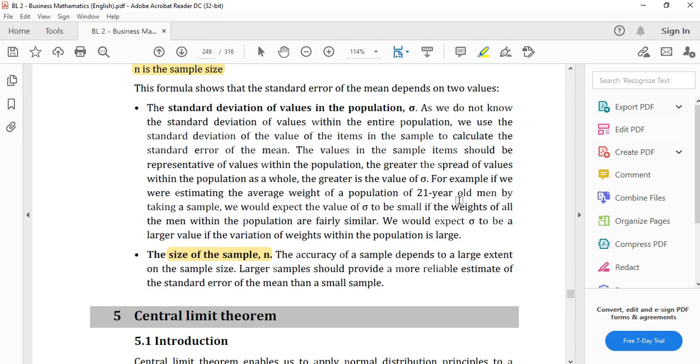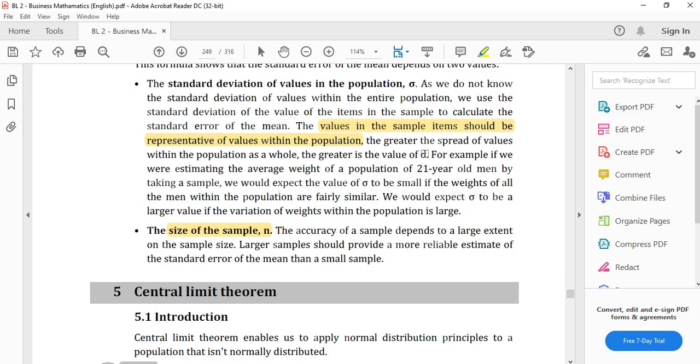As we don't know the standard deviation of values within the entire population, we use the standard deviation of the value of the items in the sample to calculate the standard error of the mean. The values in the sample item should represent values of the population. Yes. So if there's a wider spread of values, there will be a high value for standard deviation.